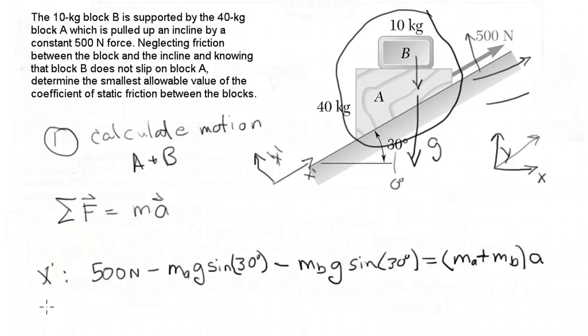And that's the x prime coordinate. The y prime coordinate, well, that's just 0. It's going to be something when we write the forces, but it's going to equal 0. There's no acceleration in this direction, so this sums to 0.